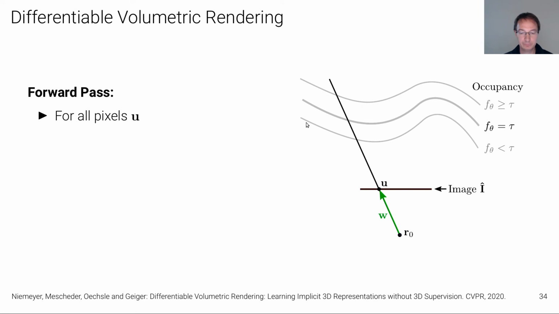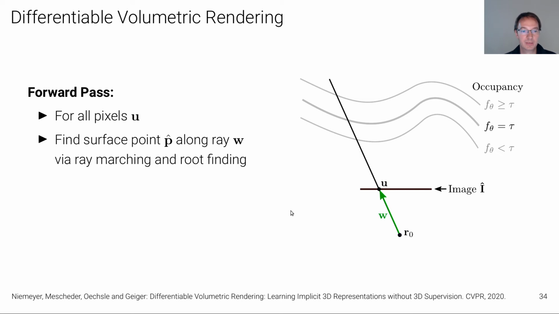What we do now for rendering is that we go through all the pixels in the image and find the surface point along the ray W via ray marching and root finding. So we first look at equidistant intervals of points along the ray, and once we find a change in the sign here, then we do root finding in order to retrieve that exact point in a small number of queries of the occupancy network.